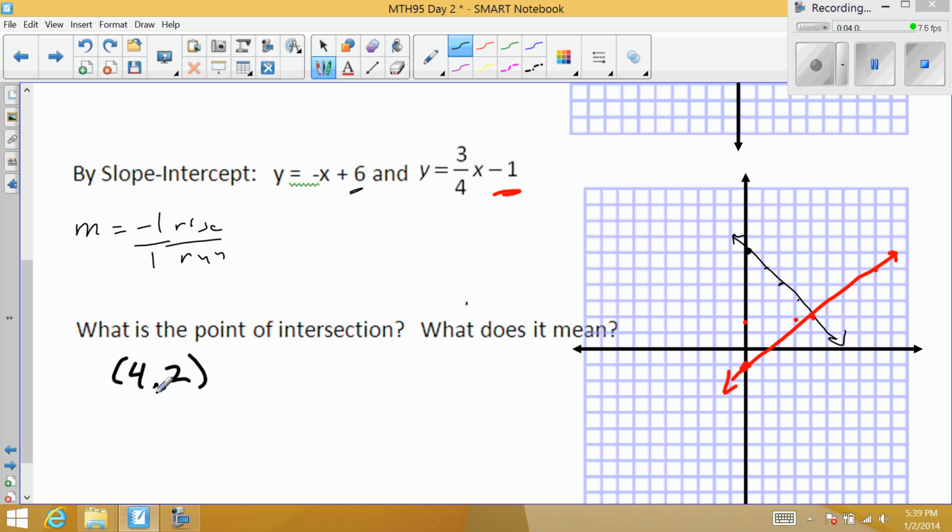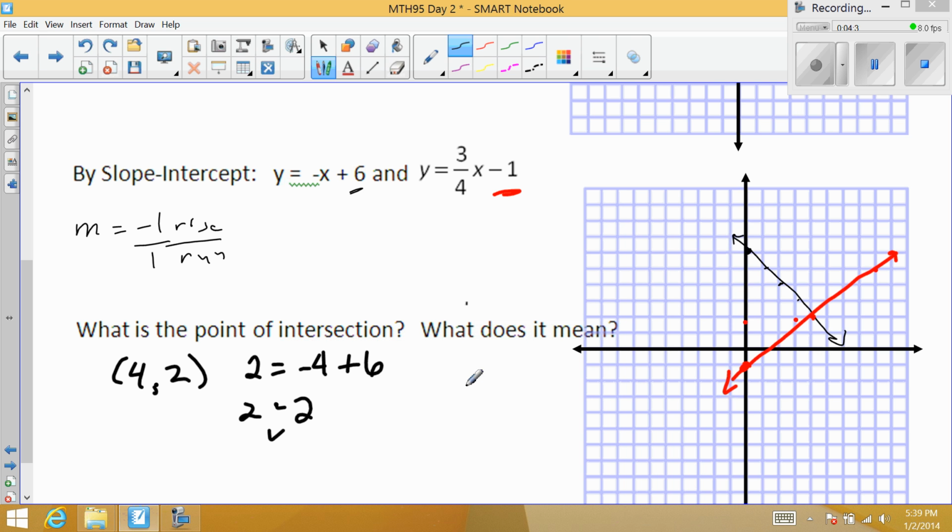And the interesting thing about that particular point is it's a solution to both equations. Remember, the graph of a function shows all the pairs of values that make the equation true. So if you take the first equation here, if y is 2 and x is 4, we get 2 equals negative 4 plus 6, which is 2. That's true.